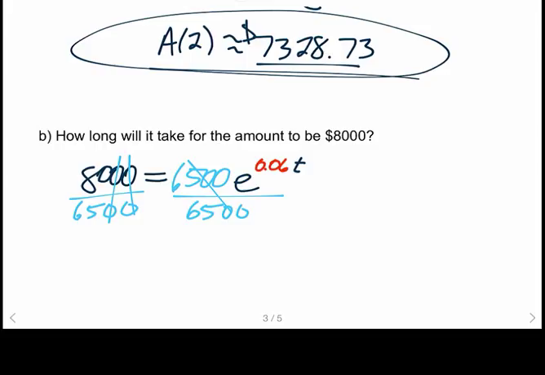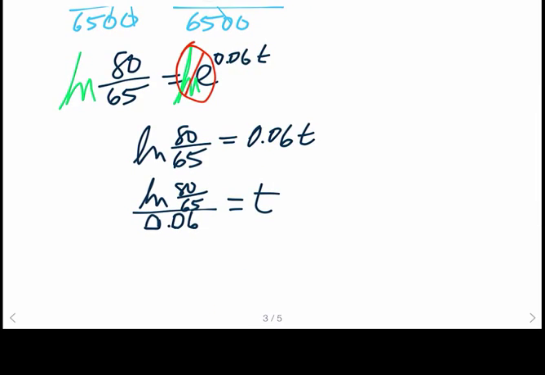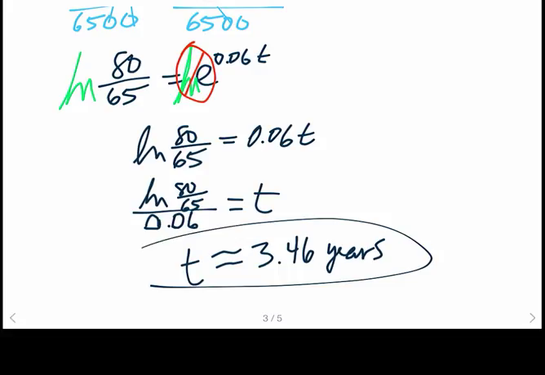So we have 80 over 65 is equal to e to the 0.06t, and now I'm going to hit both sides with the natural log and then divide by 0.06. And so I have the natural log of 80 over 65 divided by 0.06 is equal to t. And so t is going to be approximately 3.46 years. As expected, longer than 2 years.